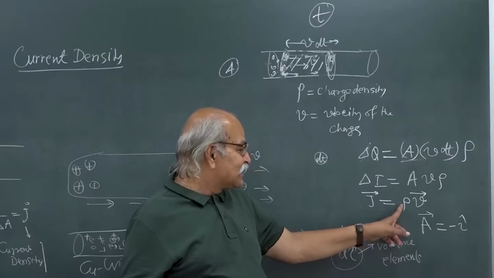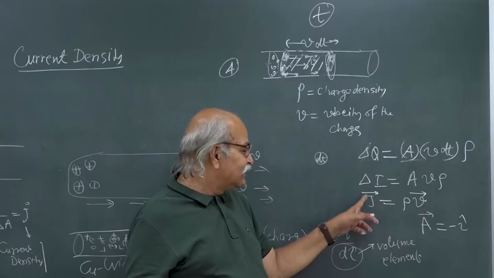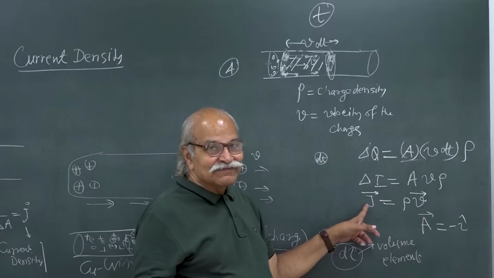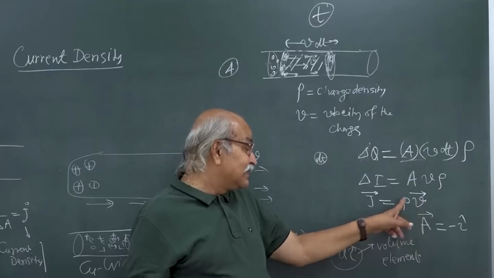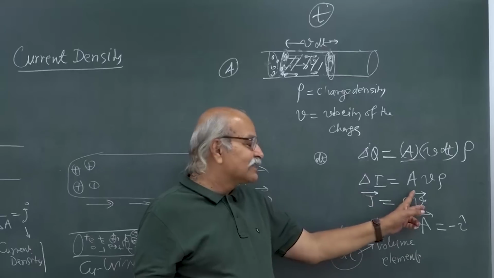If this rho is positive, good. Whatever is the velocity direction, that is the same as the current density direction. But if rho is negative, then this J is opposite to the direction of the velocity.